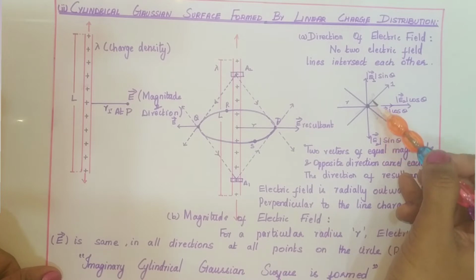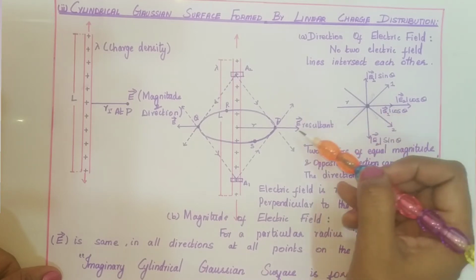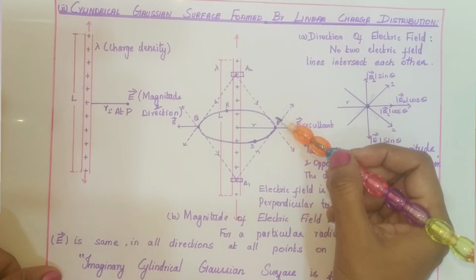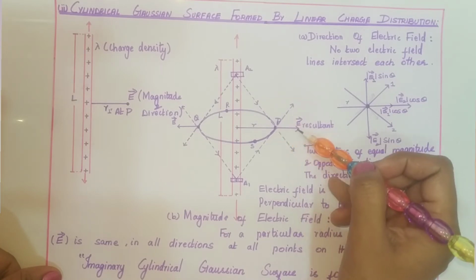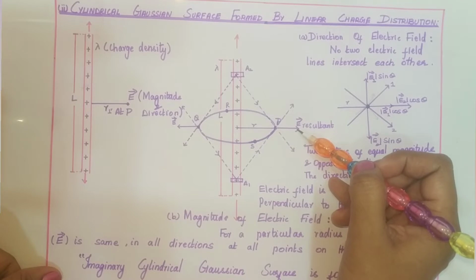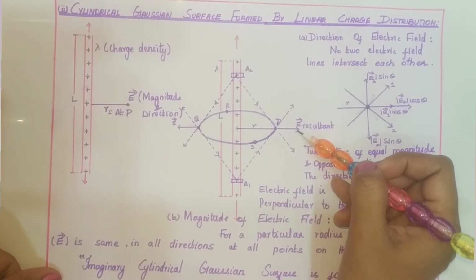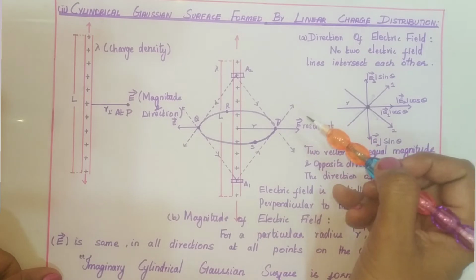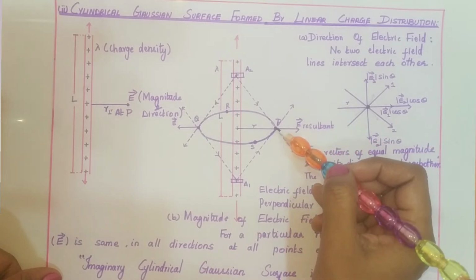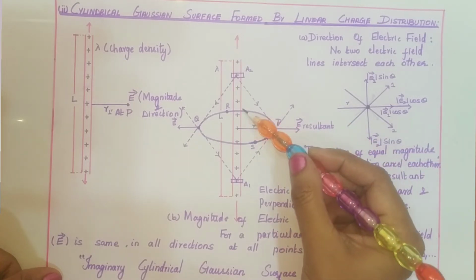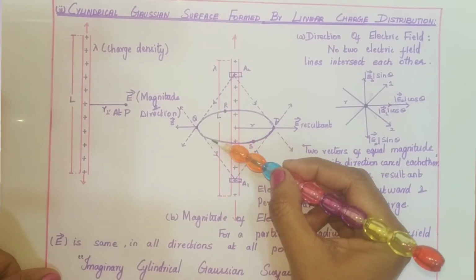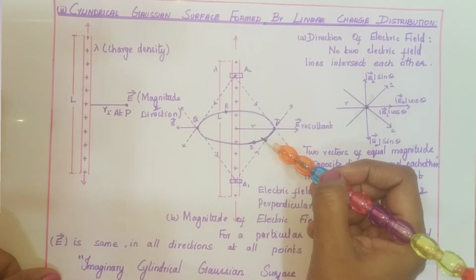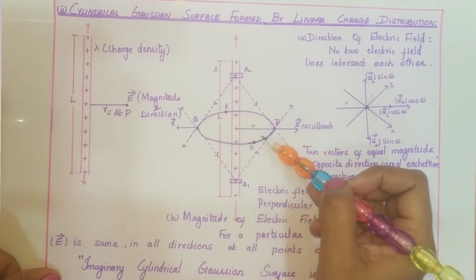Direction is opposite and magnitude is same, so they cancel each other and the resultant will be due to the horizontal components. This is what is happening here. All the vertical components get cancelled and the resultant electric field is only due to the horizontal component. Okay, and you imagine this field will be existing for all the values of radius r around the wire, and we get a circle, isn't it?